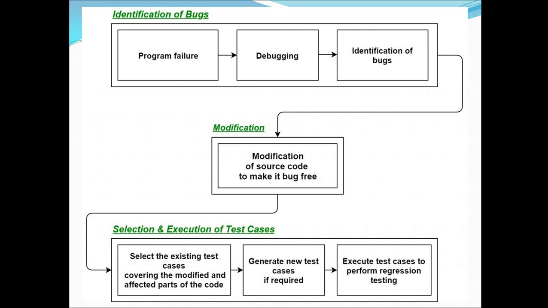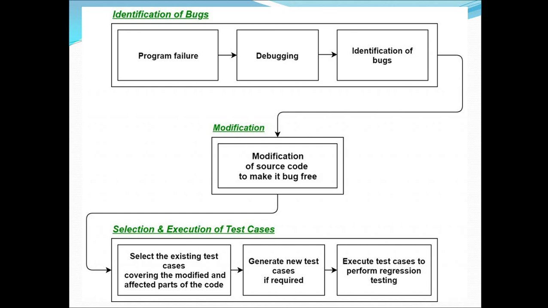So the program fails and it has to be debugged and corrected, then the bugs are identified. The next one is the modification of the source code to make it bug free. When we add new buttons, icons or a requirement of the user, the developer has to change the code and integrate the code with the system.